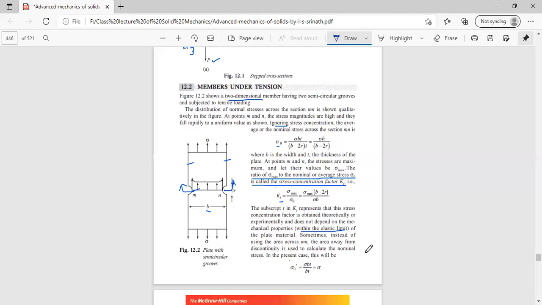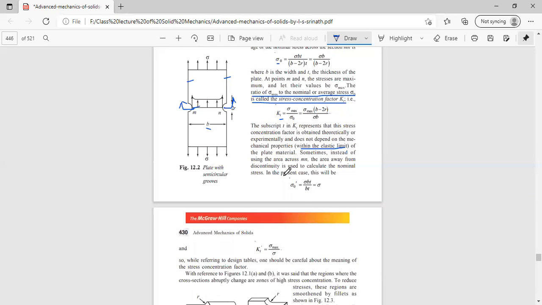For this average stress, sometimes we may not consider the cross-section area, in order to keep our job comparatively easier. So what we'll do, we'll calculate the nominal stress. In the present case, this will be sigma dash 0 equal to sigma bt divided by bt, which equals sigma itself.